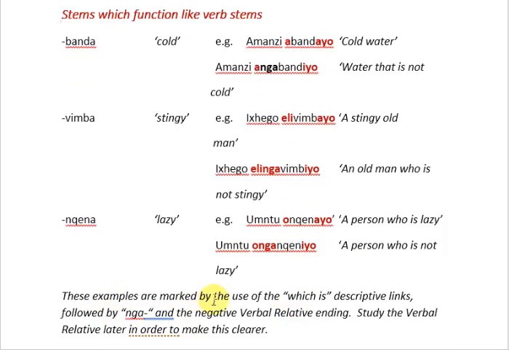So the examples are marked by the use of the which is descriptive links, followed now by nga, and the negative relative ending, that being a yo in the positive or iyo in the negative. Later when we get to the verbal relative, this will again become clearer or will be reinforced.